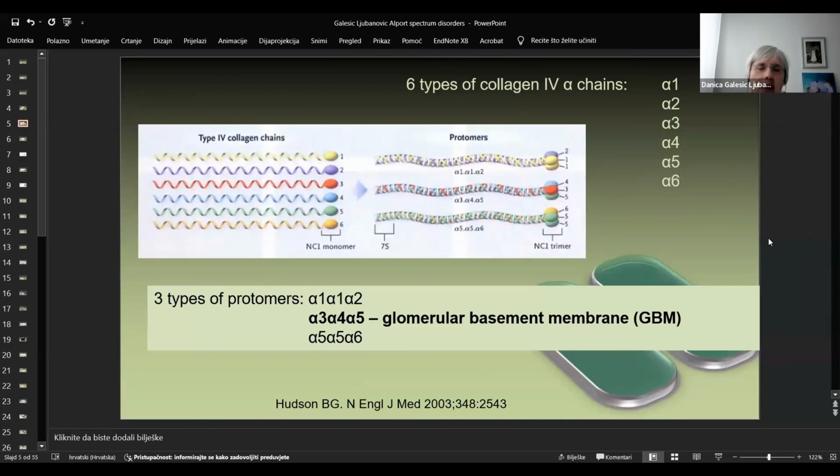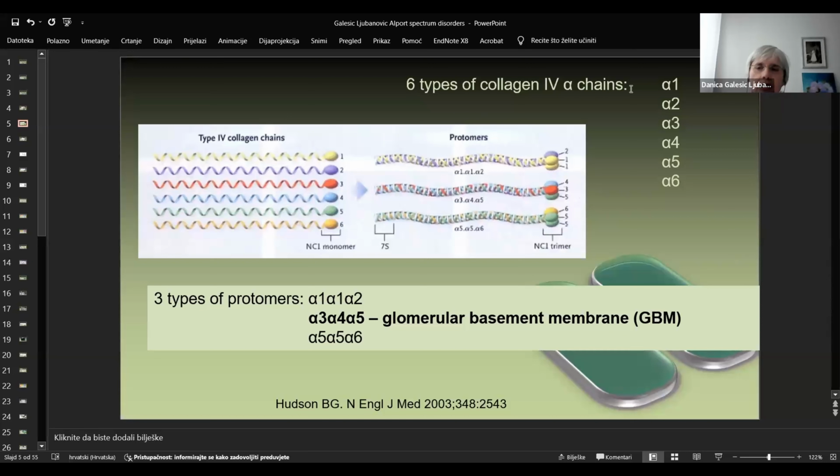Collagen type 4 is made of alpha chains. There are 6 types of collagen 4 alpha chains, named from alpha 1 to alpha 6. These chains form protomers, or triplets.